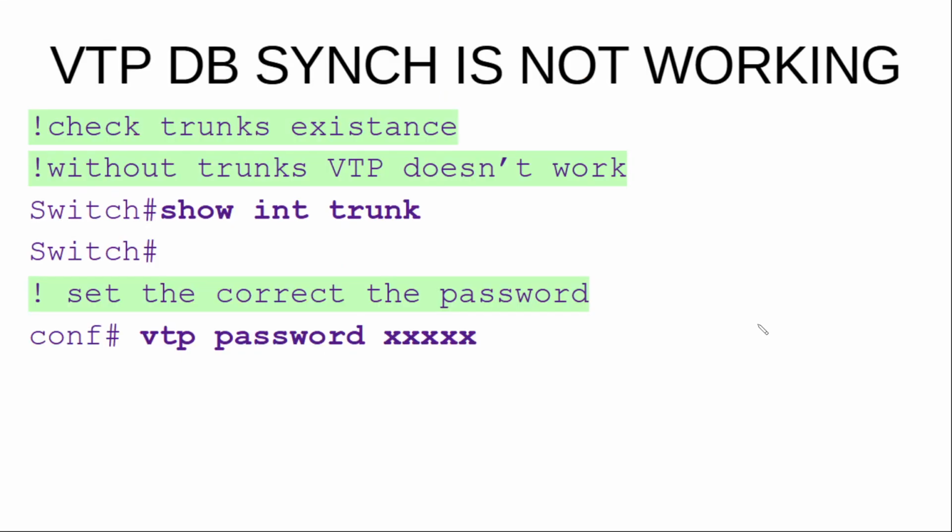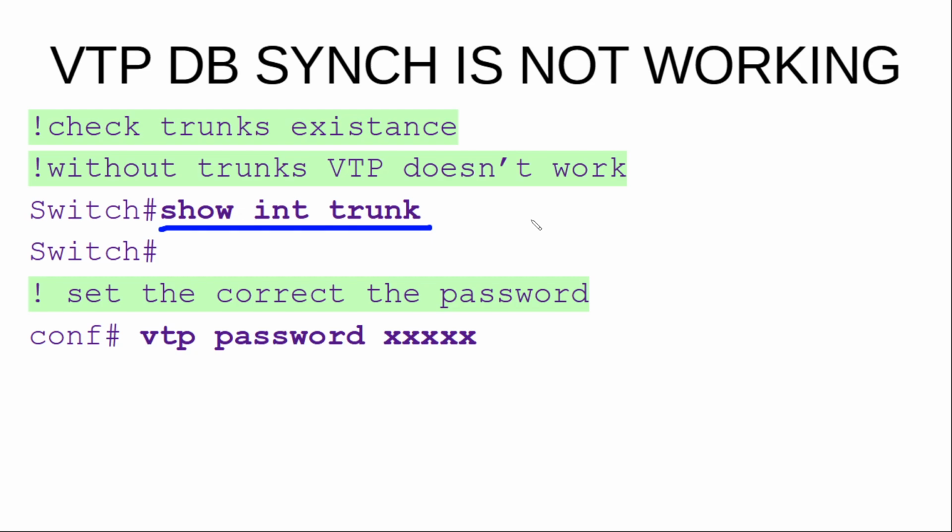And then let's go to the troubleshooting part of this session. First of all, if you notice that VTP is not working, first you have to check that you have trunks. Remember that trunk interfaces carry VTP advertisements, so you need trunks in order for VTP to work.